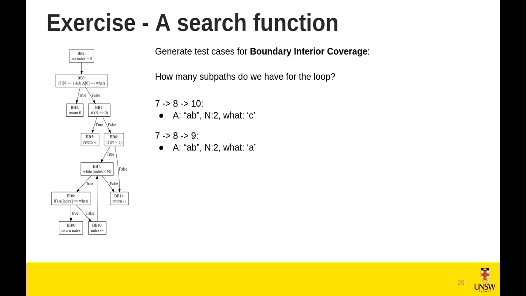So we have two subpaths for this loop, because this exit point does have an actual piece of code related to it. So it's not just a naturally ending of the loop. It is actually a piece of code within the loop.